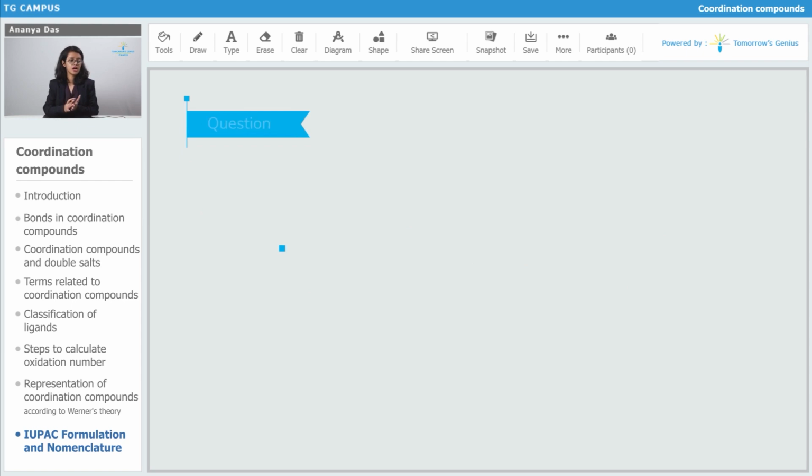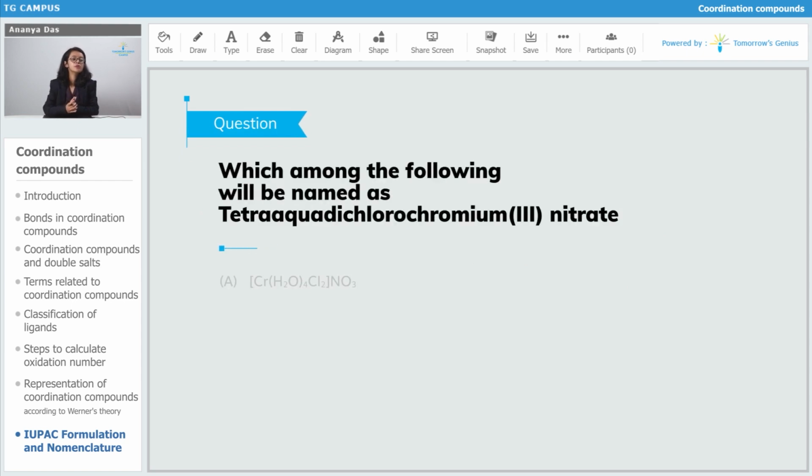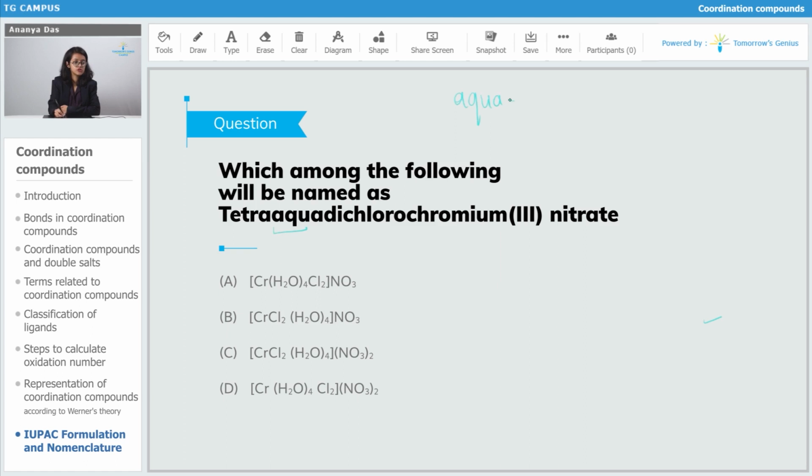The next question asks which among the following will be named as tetraaquadichlorochromium(III) nitrate. Aqua represents the H2O ligand, and there is tetraaqua written, this means the H2O is 4 times.